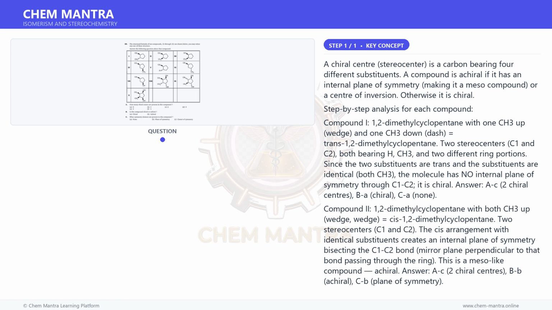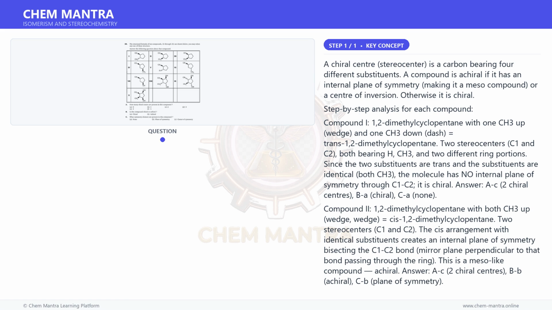The arrangement, CH3 wedge, CH3 wedge at 1, 2 and O wedge, O wedge at 3, 4, creates a plane of symmetry, making it achiral, meso. Answer: A, 4 chiral centers; B, B, achiral; C, B, plane of symmetry.